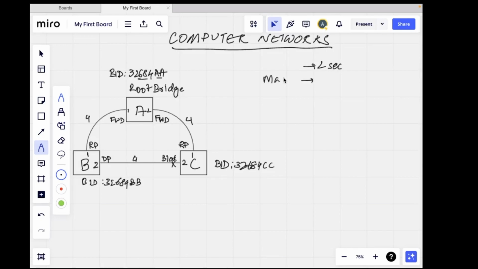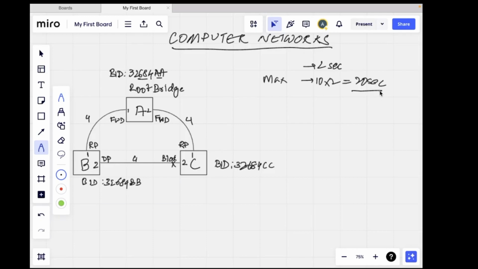Let's say a device does not receive this hello 10 times, so 10 times 2 seconds, which is equal to 20. So it will wait for 10 tries. If both switch B and switch C do not receive a BPDU with the hello message from the root bridge for 20 seconds, then it means there is a link down.